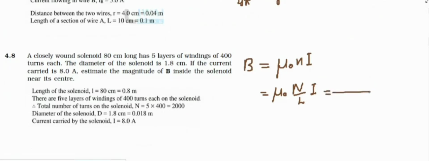The formula is B is equal to mu naught n I, where n is the number of turns per unit length, which can be found as mu naught into total number of turns upon length into I. So substitute the values and find the answer.